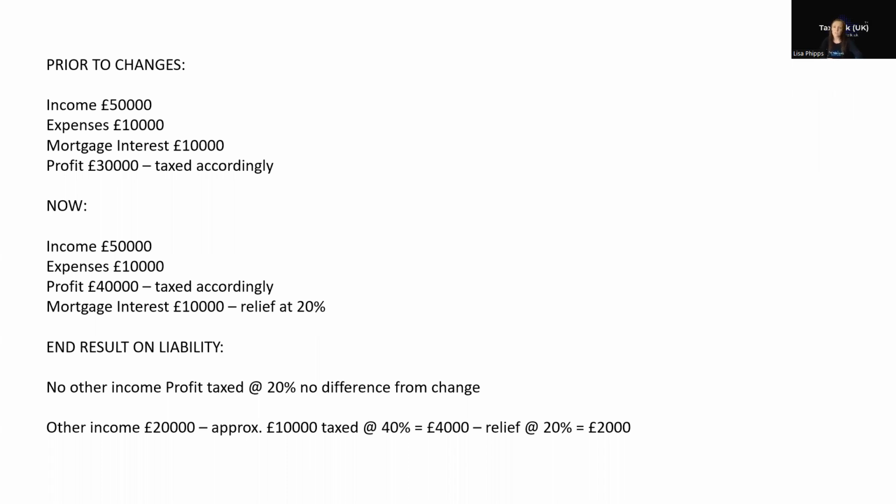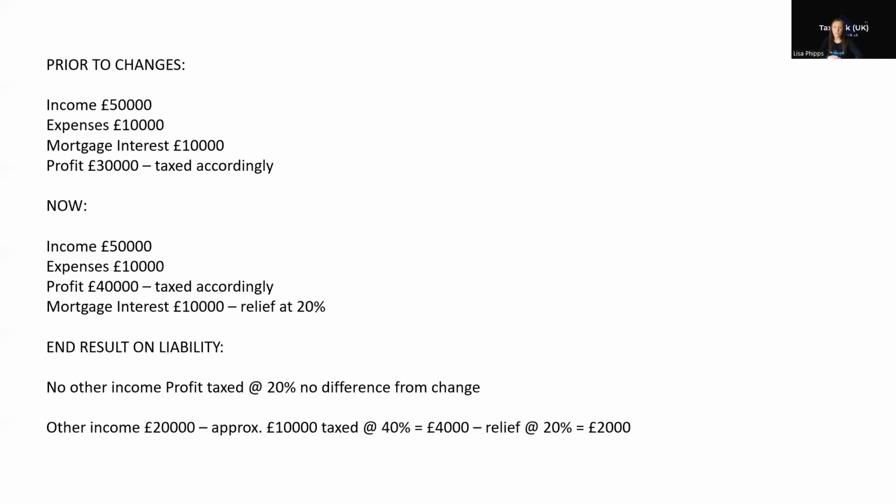So the difference comes in where you're either already a high rate taxpayer or your rental income pushes you into high rate tax. Let's say, for example, that you've got £20,000 of other income. Now if we add that £20,000 to the £40,000 that we had as profit prior to taking into account the mortgage interest, approximately £10,000 of that is going to be high rate tax.